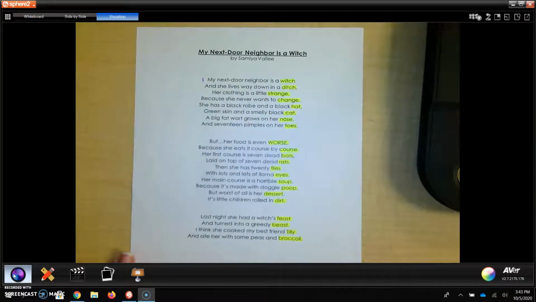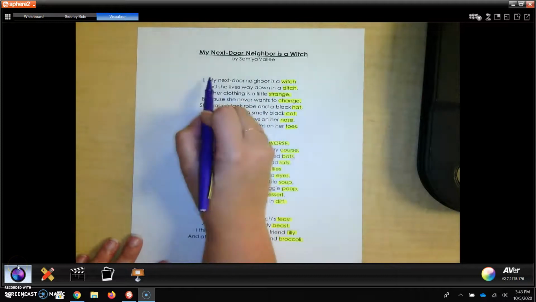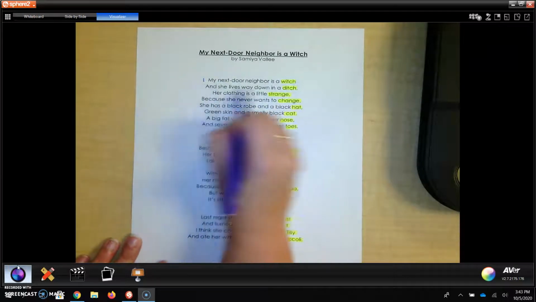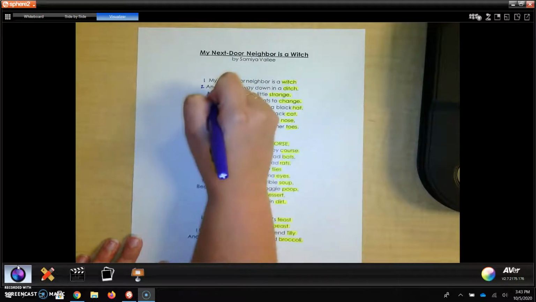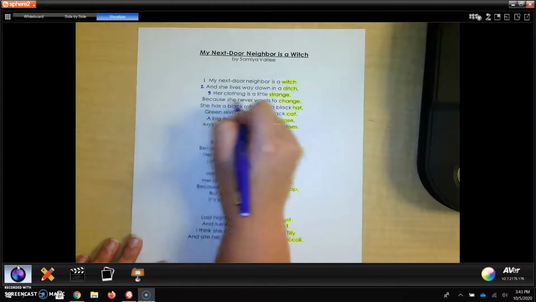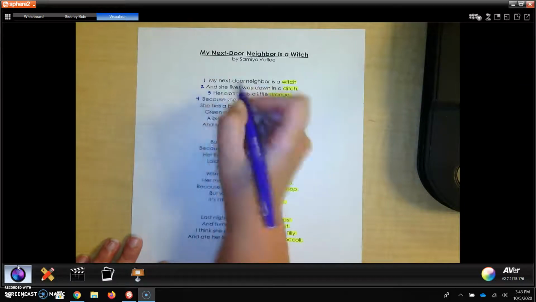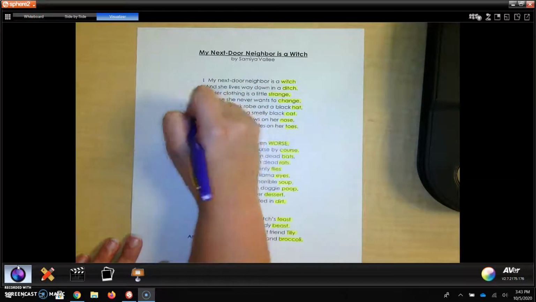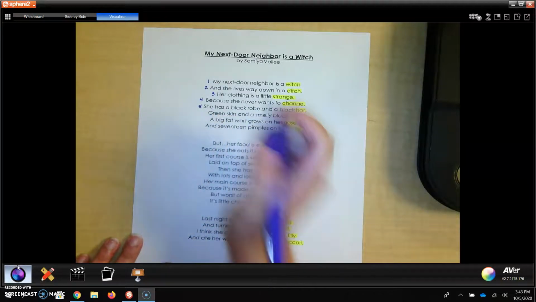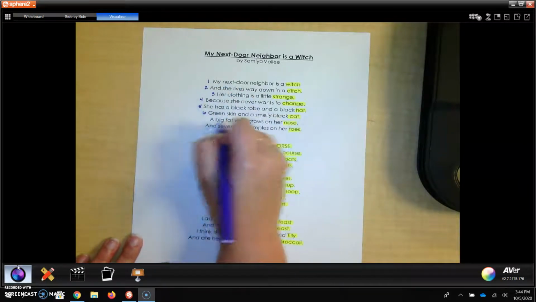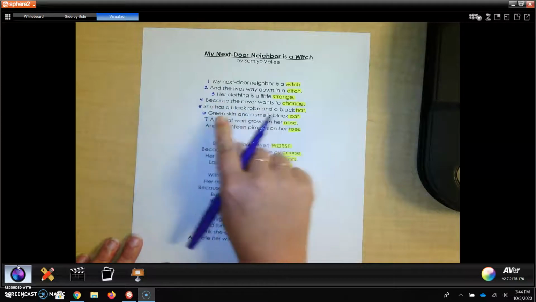We don't need to label our line break. So let's keep going. So here's our first line, and now I'm going to my second line. Put a 2. Here's my third line, 3. My fourth line, 4. My fifth line, 5. Remember, a line is just a single row of words. 6. My next line, 7. Go all the way down.